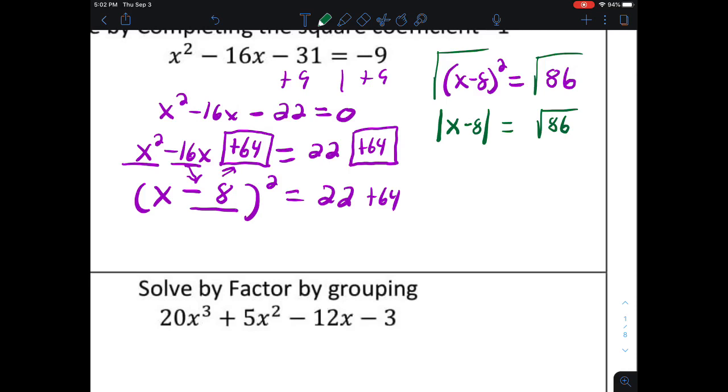Now when I go to take off the absolute value, it makes x minus 8 equal to positive or negative the square root of 86. And then I would add the 8 over. So x would equal 8 plus or minus the square root of 86.